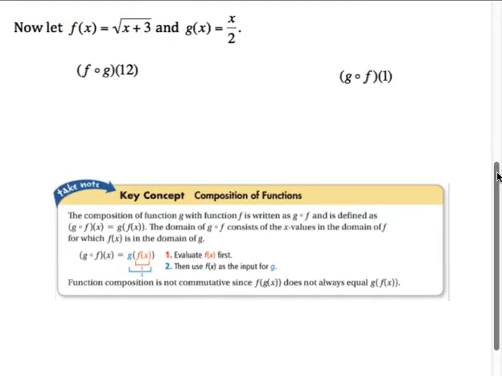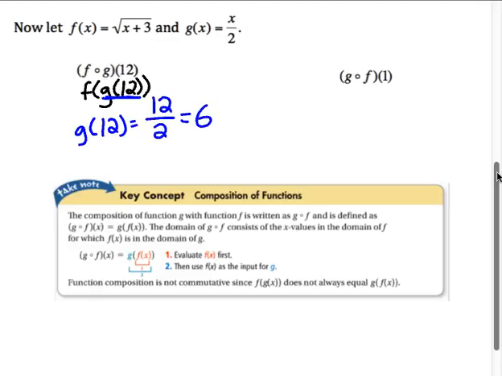So again, the deal here is I'm always going to rewrite it. f of g of 12. And I'm going to start by calculating that inner function. So g of 12 is just going to be 12 divided by 2, or is going to be 6.